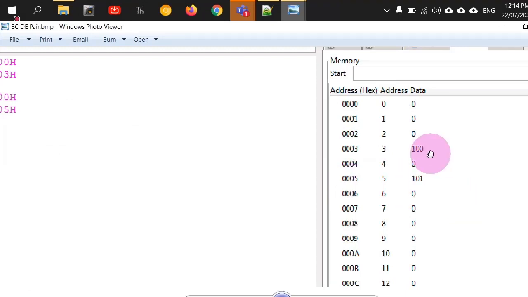So my intention is to read this number from 0003 inside the memory, add 1 to it, and store it at 0005. Is the intention clear to everyone?